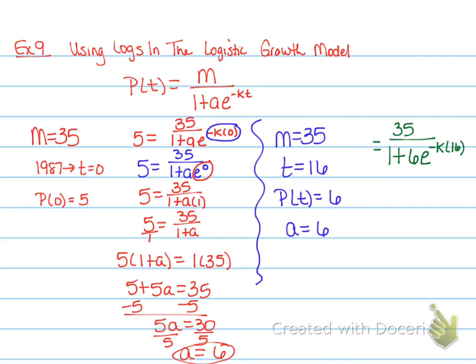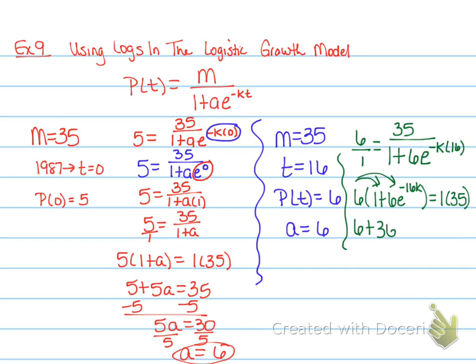So we've got 6 times 1 plus 6 e to the negative 16k equals 1 times 35. And so we're going to distribute this 6 right here. So 6 plus 36 e to the negative 16k equals 35.